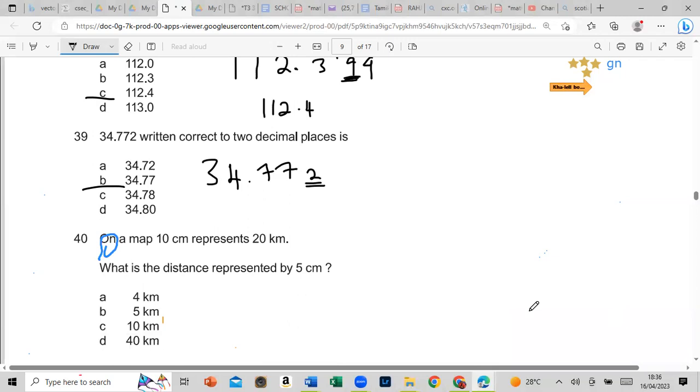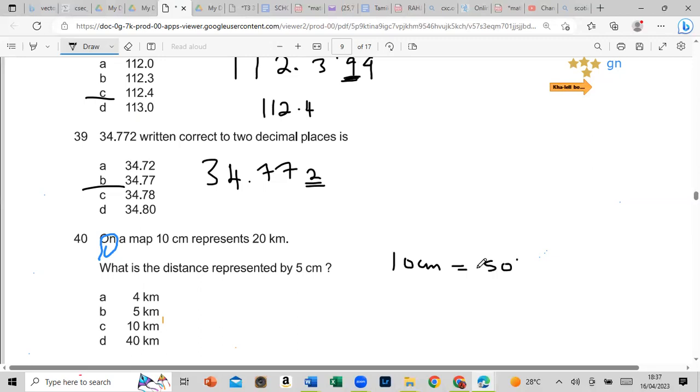Okay, all right, so on a map, 10 centimeters represent 20 kilometers. 5 centimeters represent... C, sir.